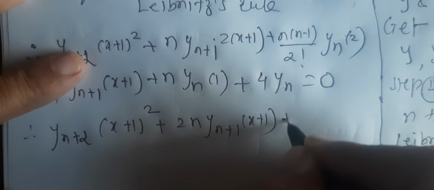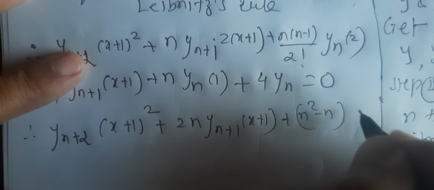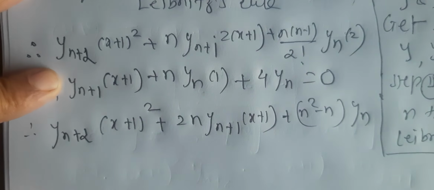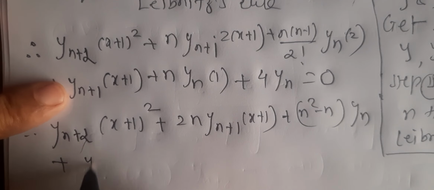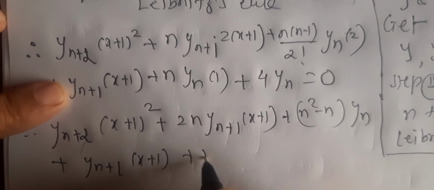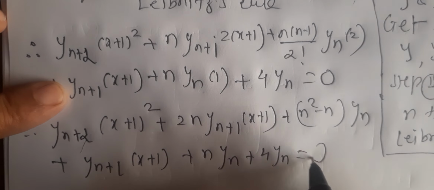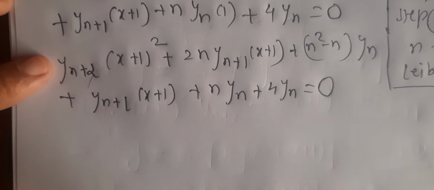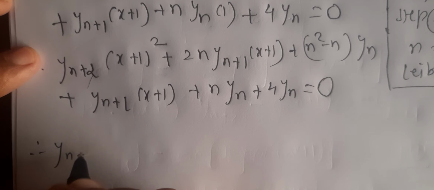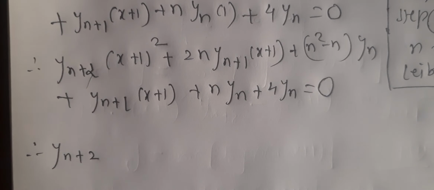We will have n square minus n into yn plus y(n+1) x plus 1 plus n into yn plus 4yn equal to 0. Now just collect the terms of y(n+2), then y(n+1), then yn.